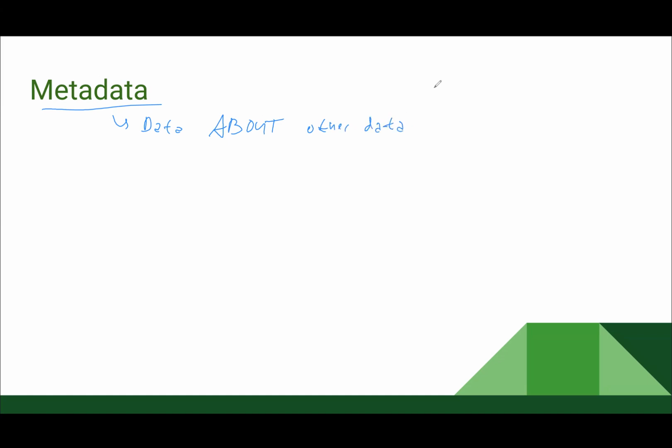So let's say that I take a picture on my phone. What things are going to be the data for this picture? What is my phone going to store about the actual picture?